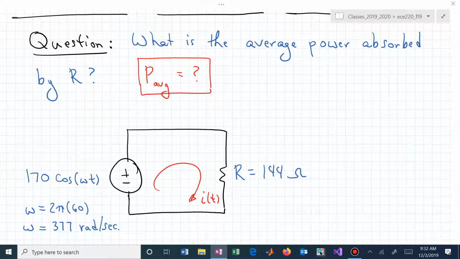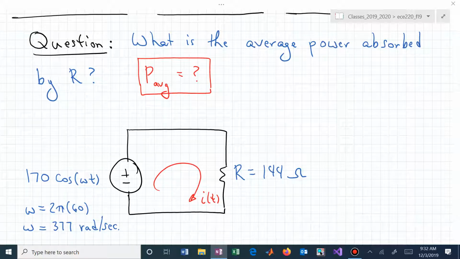Suppose I now have a resistor. Maybe it's not a resistor, maybe it's something that I'm modeling as a resistor. Think light bulb, and it's now being powered out of a socket. This is a sinusoidal waveform expressed as a cosine.